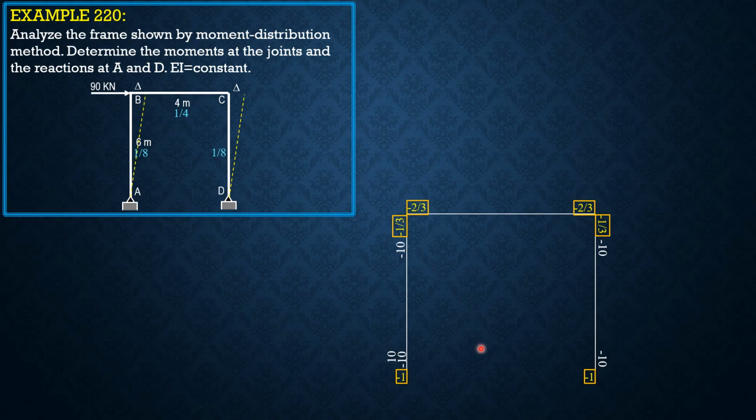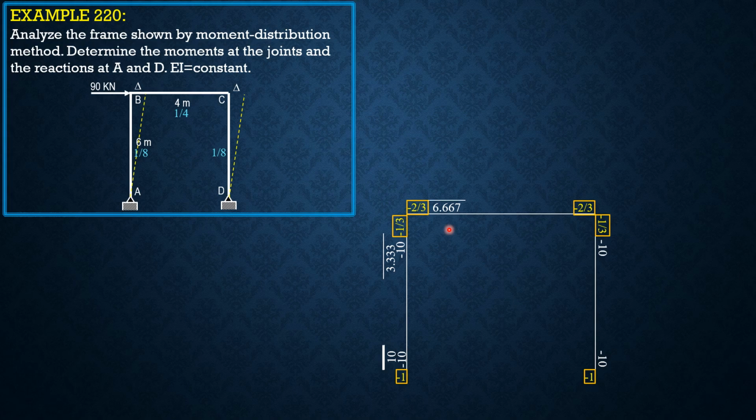So let's distribute. -10 times -1 is 10. Then we lock it. Then lock it finally because we expect the moment at A to be 0. So -10 times -1/3 is 3.333. So lock. Then -10 times -2/3 is 6.667.